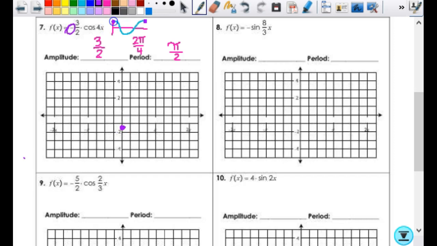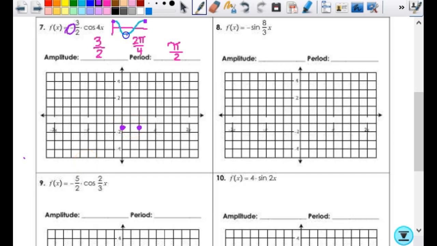So what was a maximum becomes a minimum. This one that was a maximum is going to become another minimum, but it has to end at the end of the cycle. This is pi. Here's pi halves. I'm down here. So now I have these 2 points, which were maximums. They are now minimums.